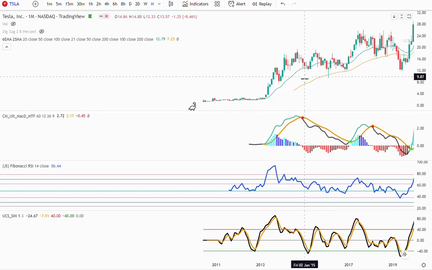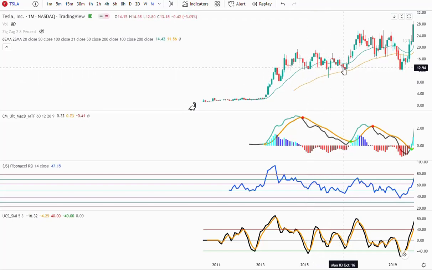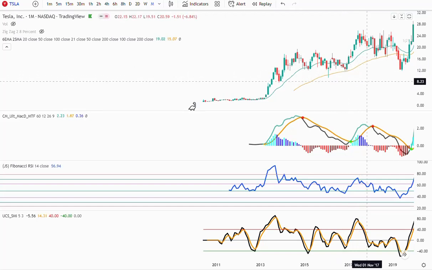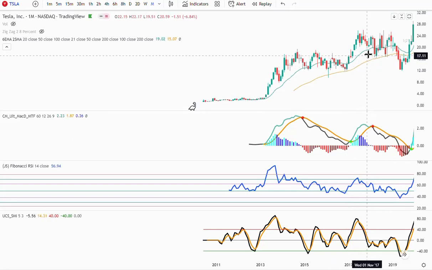Now in both cases you can see the gap between the two moving averages was quite wide, but over time when the correction took place, the gap narrowed right here. They never crossed and went to the downside, but the gap narrowed. Here too you can see the gap started to widen and then the subsequent correction narrowed the gap.